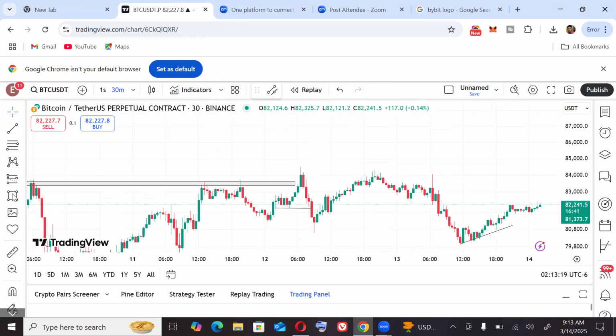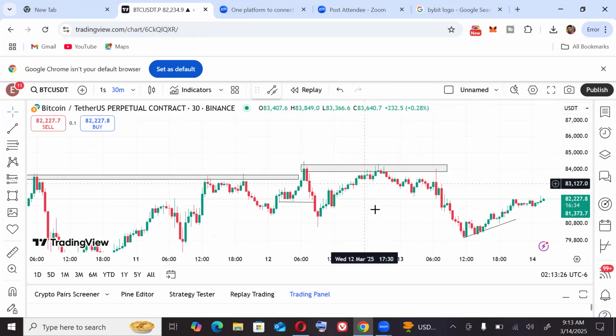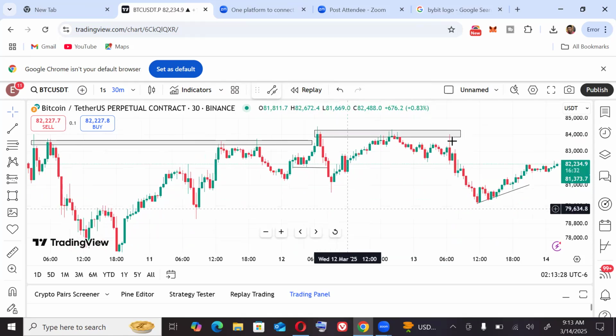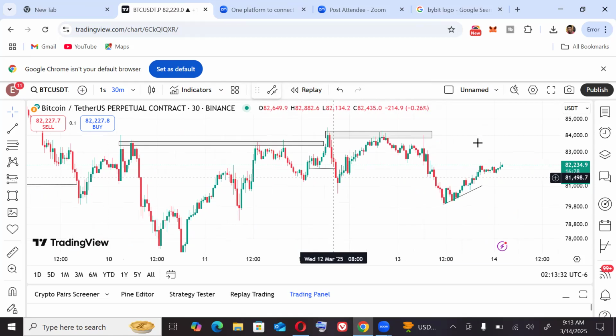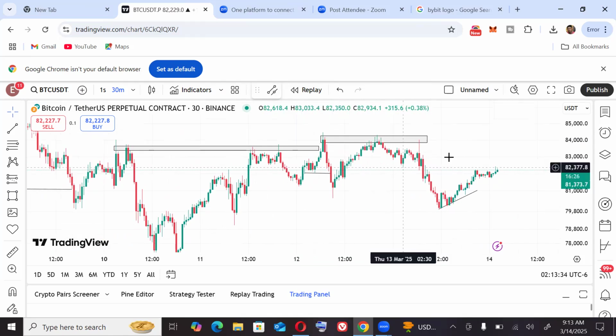And then see how price just came back here to collect some liquidity. Price just did this. Big buy, big sell. This is live, I'm showing you.